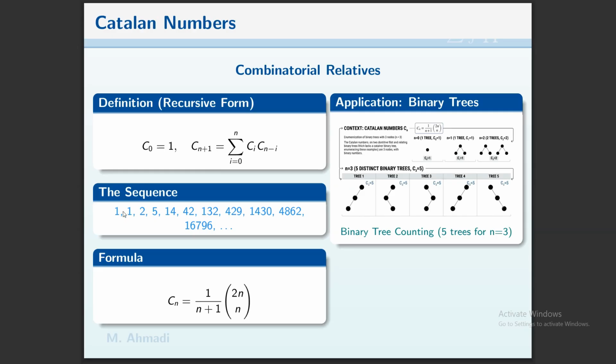The generated sequence is 1, 1, 2, 5, 14, 42, 132, 429, 1430, and so on. And the formula is Cn equals 1 over n plus 1 times 2n choose n. Its application is related to binary trees. Binary trees are one of the most important structures in computer science.